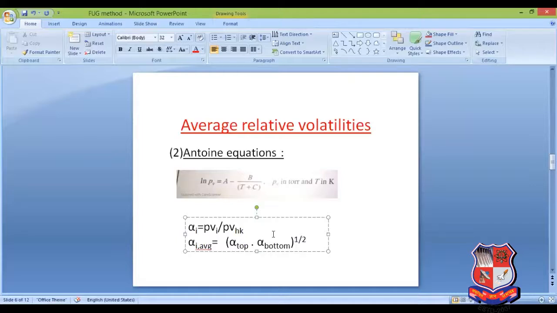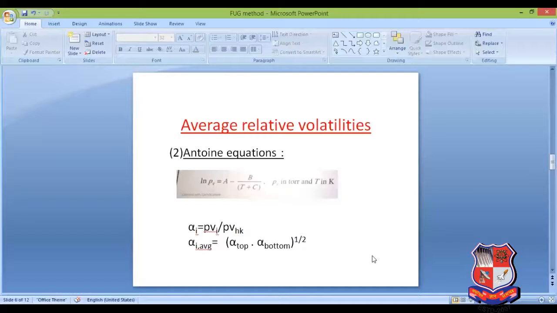This is the Antoine equation, right? So this is ln PV equals A minus B upon T plus C, right? A, B, C are constants. T is temperature in Kelvin. PV is in torr or mmHg. This is vapor pressure, right? So with the help of the Antoine equation, for a given temperature, you can determine the vapor pressure of a particular component.